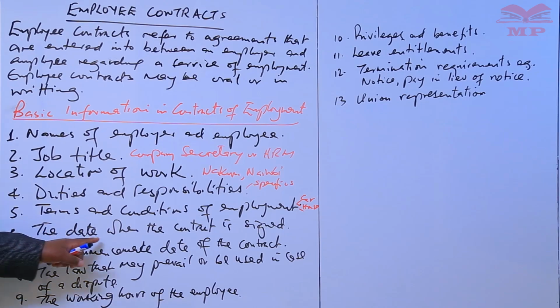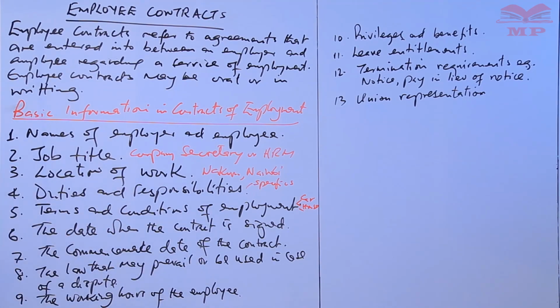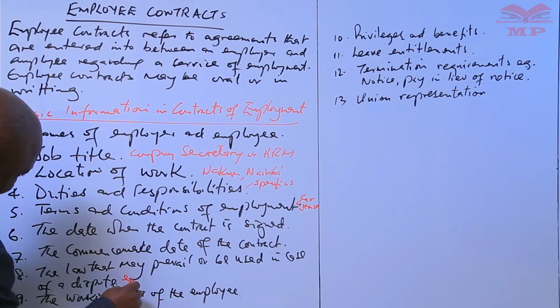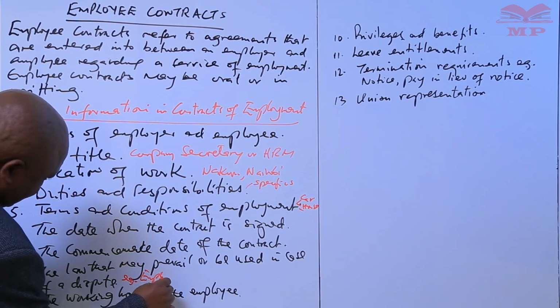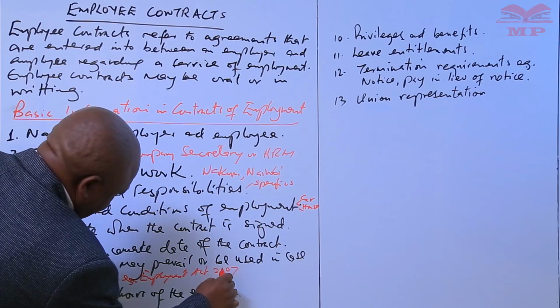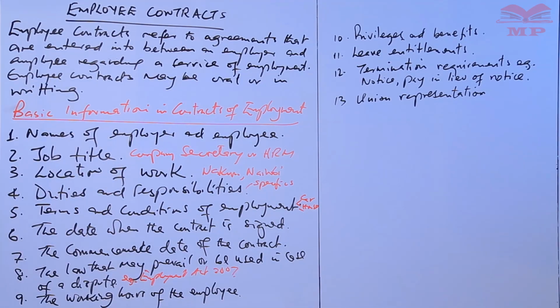Then the date when the contract is signed, that is very critical. Commencement date of the contract, the law that may be used, and we have said here, for example, in Kenya, the Employment Act 2007 could be the main law that may be used if this particular contract is in the Kenyan situation.